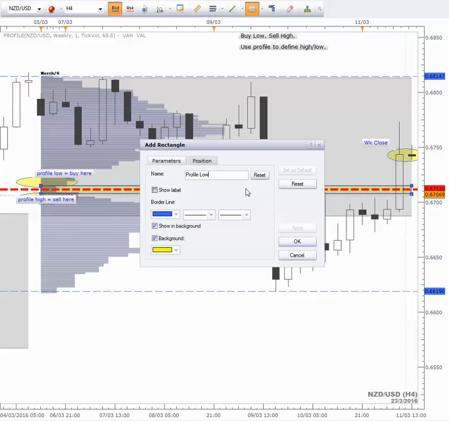It's defined for me. It's a profile low. So that profile low, price is above it. Therefore, I want to buy as close to it as possible.